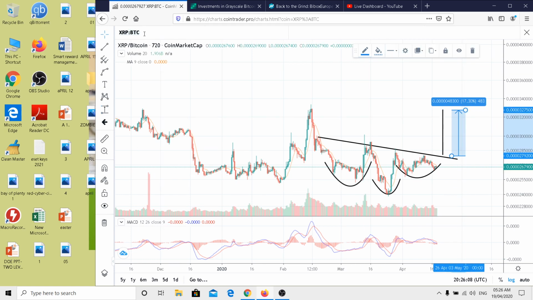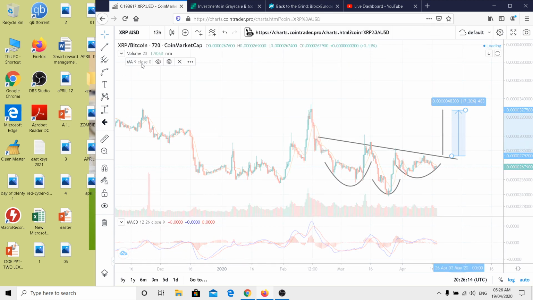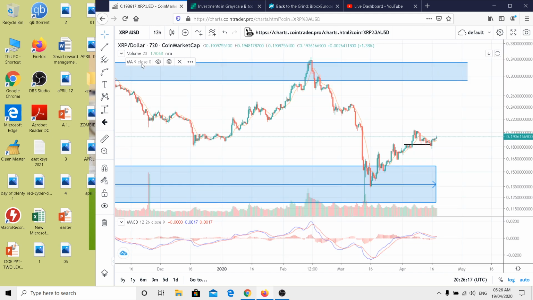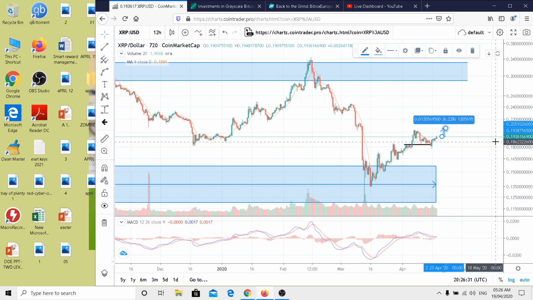When we jump back into the XRP USD chart, usually when XRP BTC pumps 10 percent, we get around a 3 to 5 percent pump in XRP USD. So there is a possibility that the price may pump somewhere around here, which is the 0.2 level.